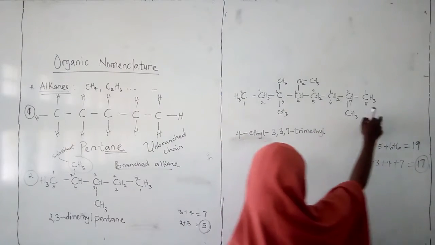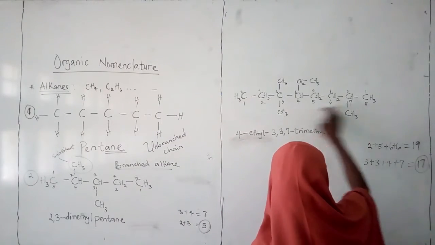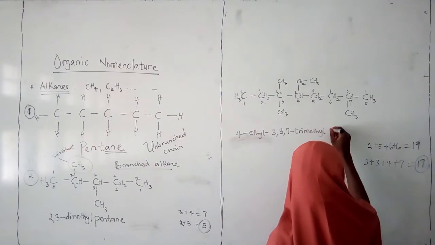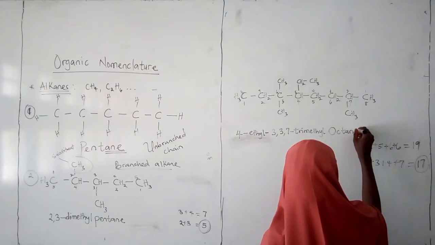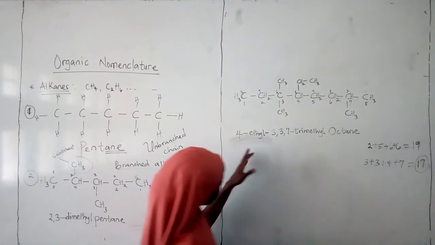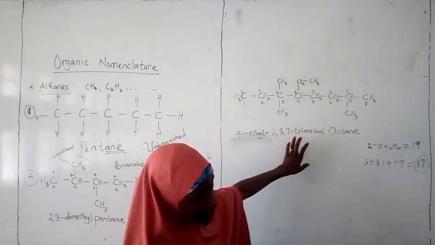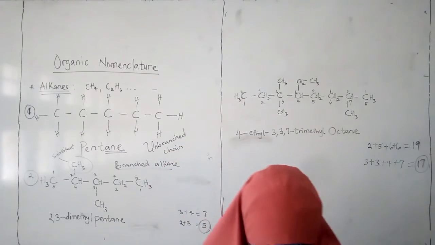Now our longest chain is what? We have 8 carbon atoms here, so it's octane. We have 4-ethyl-3,3,7-trimethyloctane.